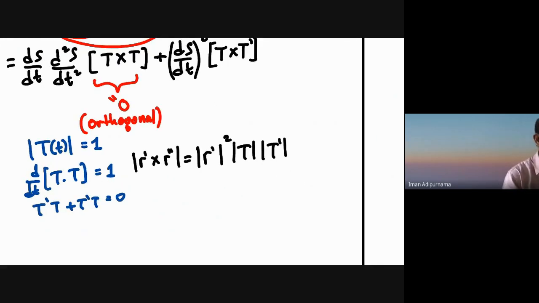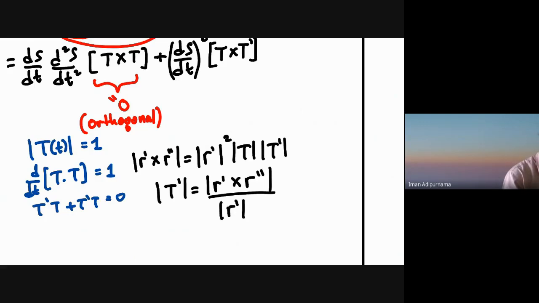Okay. Now T prime is r prime cross r double prime, and then having the r prime squared. Okay.